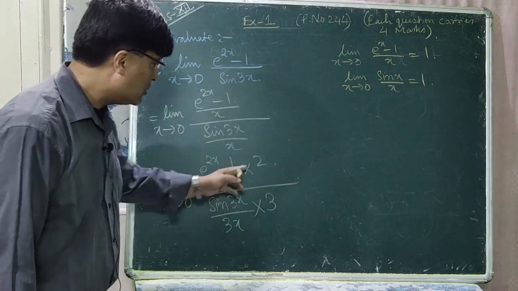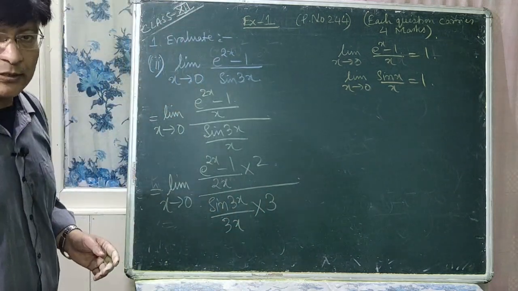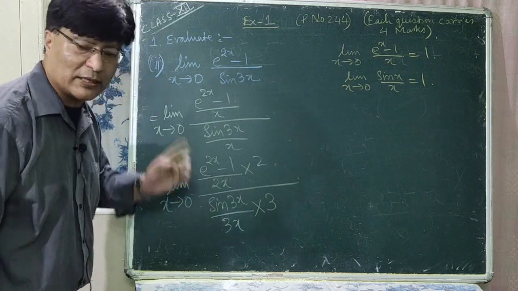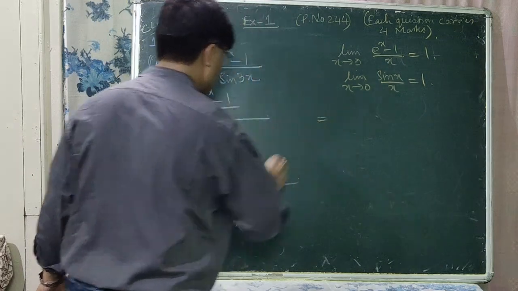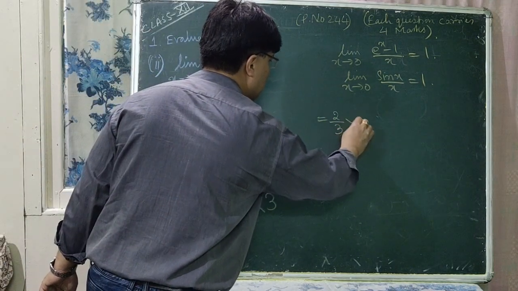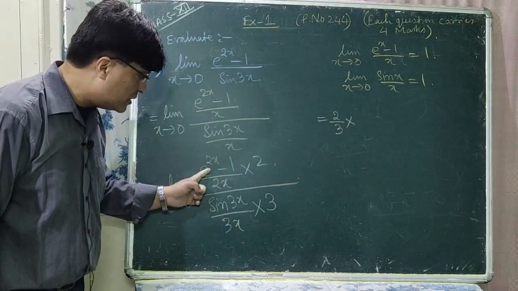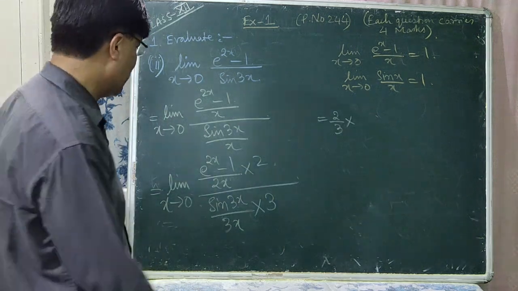Now this 2 by 3 is constant. You can write it before the limit. Wherever there is a standard form, you should write down the limit. In the next step, this 2 by 3 is constant, you can take it outside, and you have to write down the limit for both these expressions which are in the numerator and in the denominator.